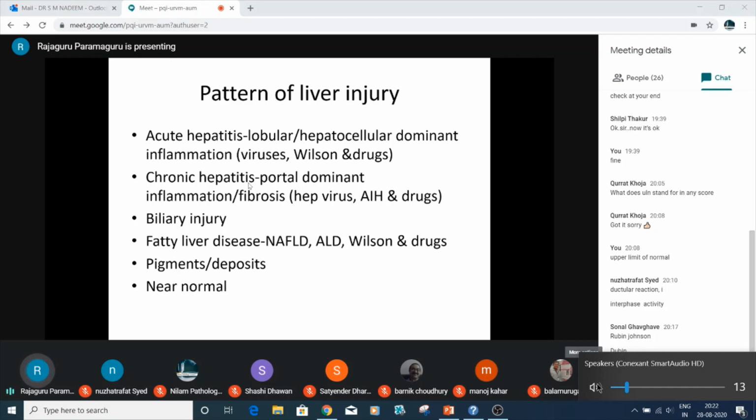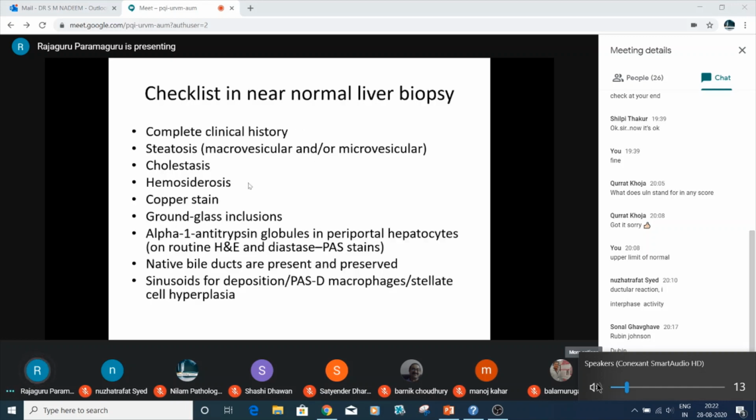And if it is a near normal kind of picture, so what you will have to consider. So first you have to take a complete clinical history.